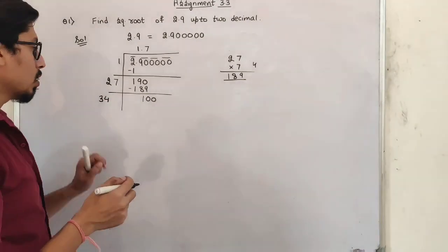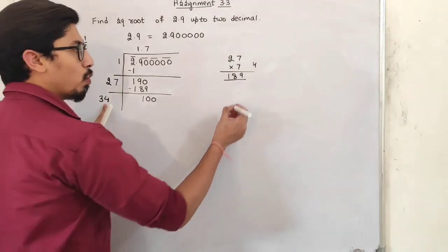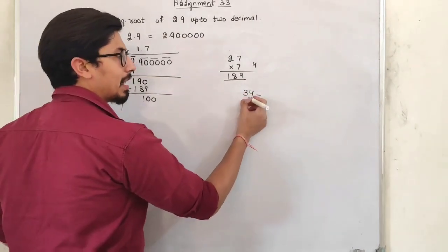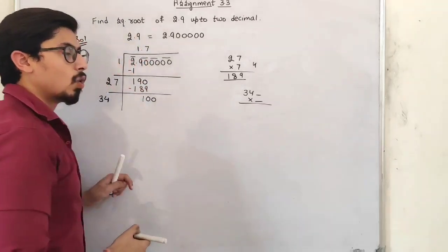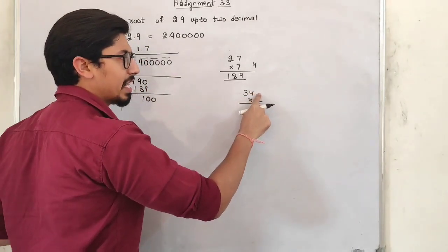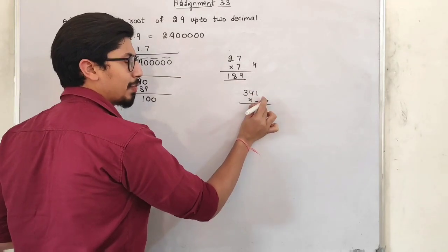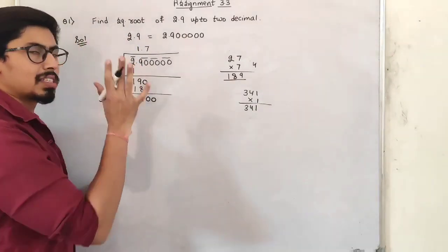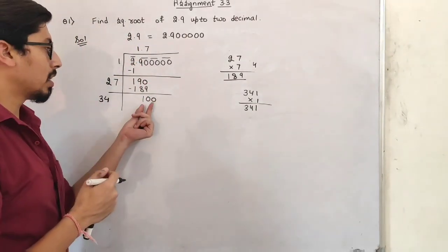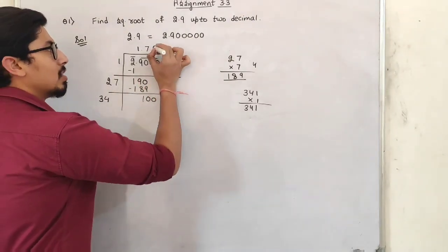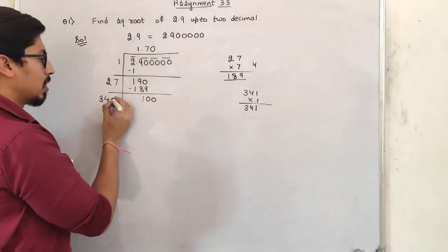Now we take this 34 and a digit and multiply it by the same digit. The minimum digit that we can take is 1, so it will be 341, which is greater than this 100. So we can't divide it, and we just write 0 here and 0 here.